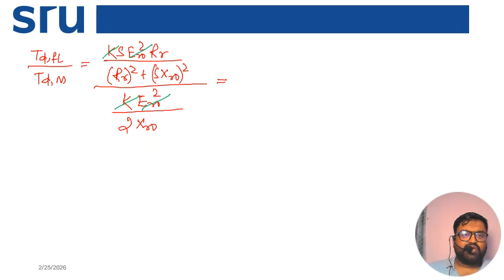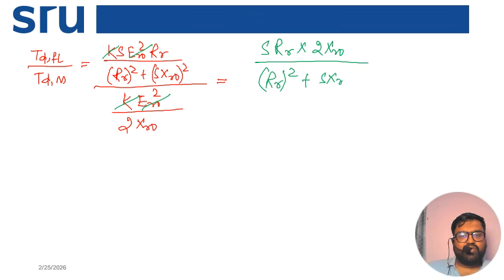Then what we get is S RR into 2 XR0 divided by RR square plus (S XR0) whole square. Now, what is the maximum torque condition? We know that RR is equal to Sm into XR0.